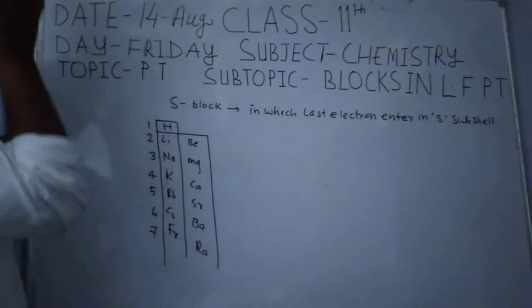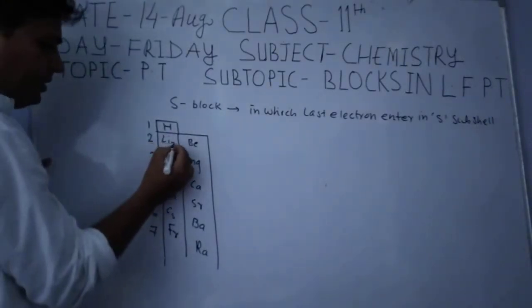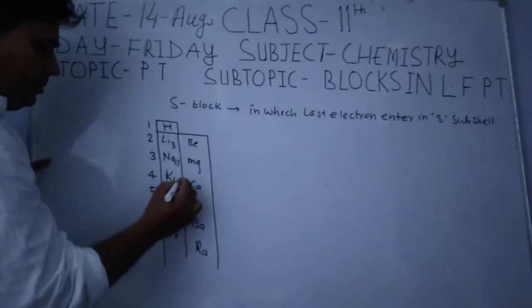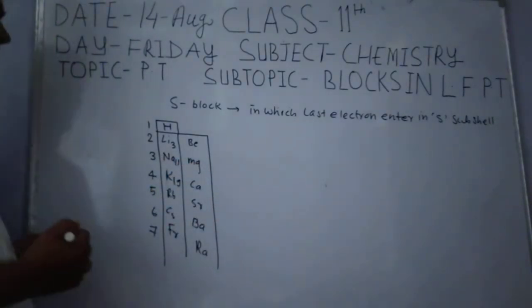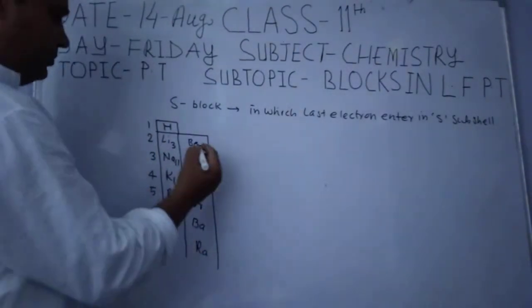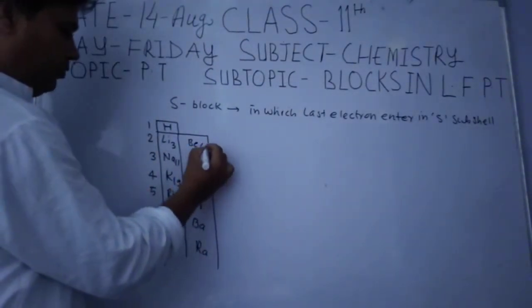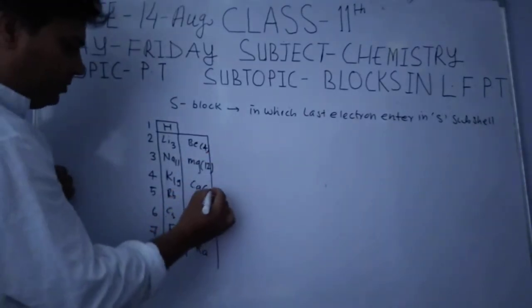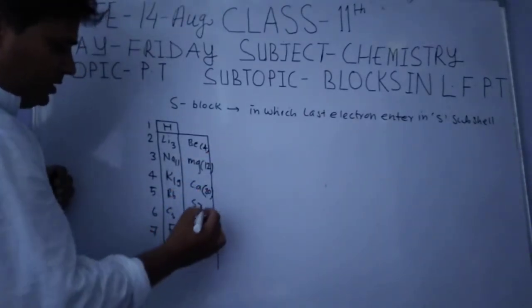The atomic number of lithium is 3, atomic number of sodium is 11, atomic number of potassium is 19. So atomic number of beryllium is 4, atomic number of magnesium is 12, atomic number of calcium is 20.